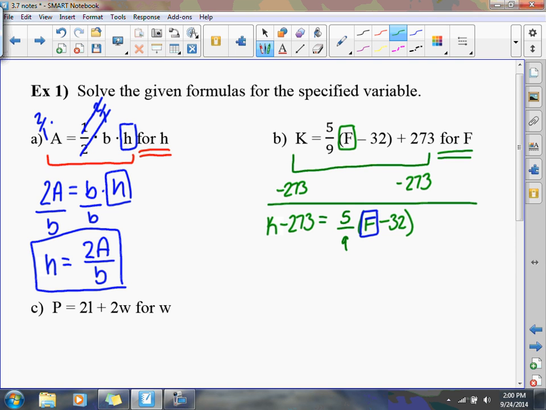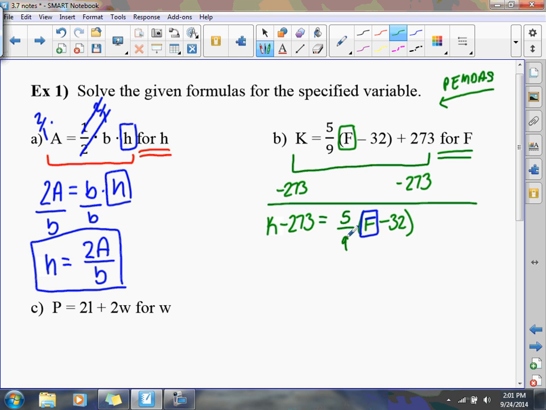And I know that there's that subtraction inside the parentheses, but it's inside the parentheses, so I've got to save that for later, okay? When we are solving an equation, remember we're doing the opposite of PEMDAS, so I've got to work backwards. I did the addition and subtraction. Now I've got to do the multiplication and division, and then I save the parentheses until I get to the end, okay?